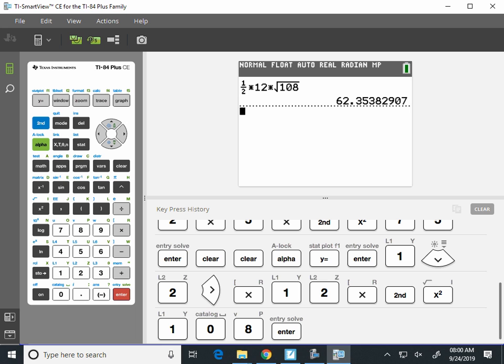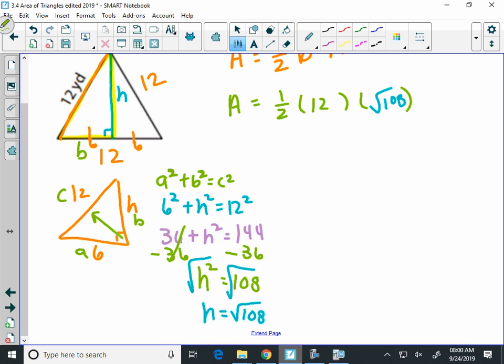So round it to 2 decimal places. When we round this to 2 decimal places, it's what? 62.35. Yeah, if you go to the next digit, it's less than 5, so it keeps it the same. So 62.35. So our area is about 62.35 yards squared.